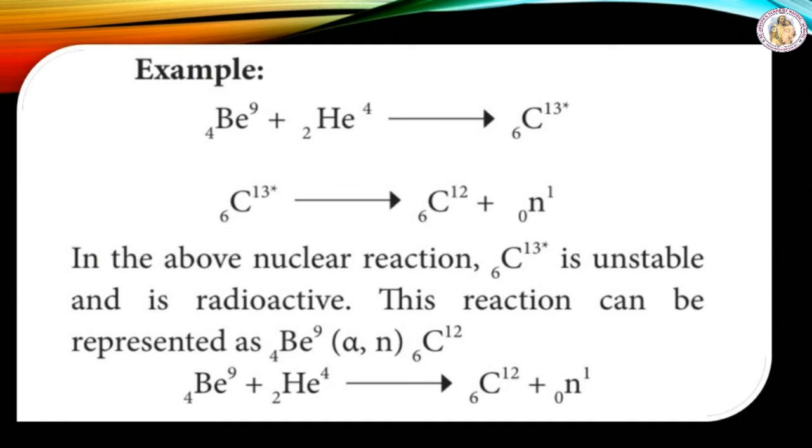When this helium alpha hits the beryllium, it gives carbon, that is 6C12, which is a stable carbon, and ejects a neutron, 0n1.